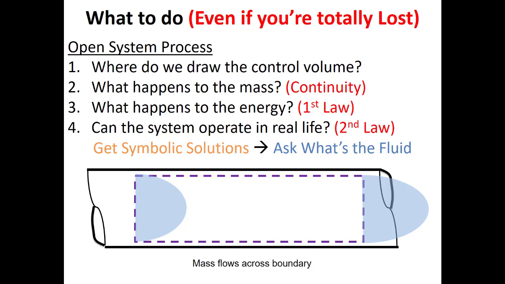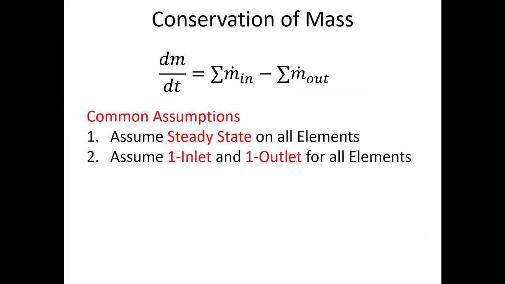So this tends to be true for compressors, turbines, and pumps. So these steps will give us symbolic solutions. But then we'll need to ask, what's the fluid, so that we can fix the states, and once we've fixed the states, then we can get numerical answers for things like coefficient of performance of our heat pump.